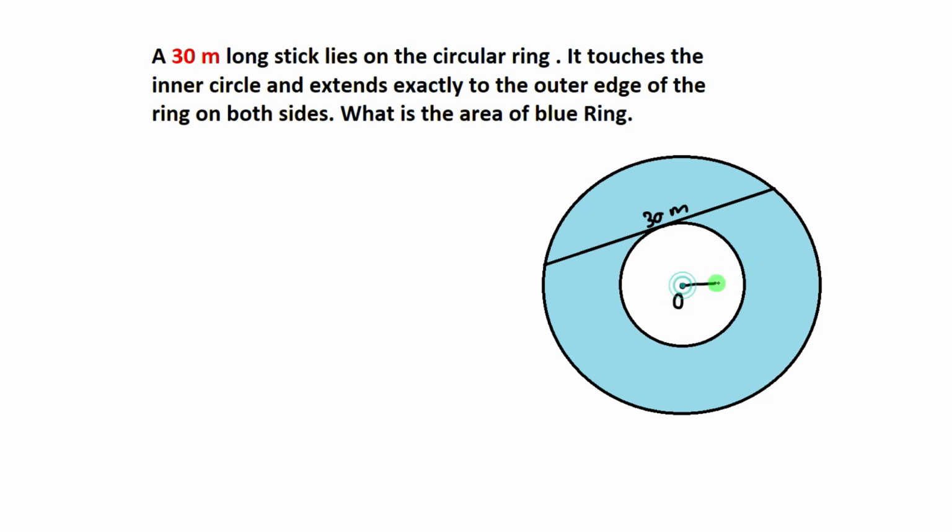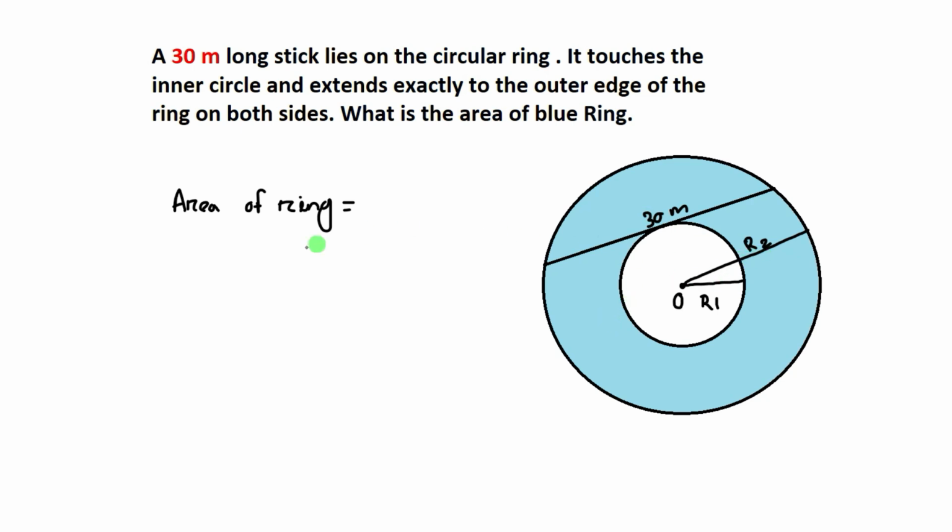Let's assume the smaller circle has radius R1 and the bigger circle has radius R2. The area of the ring can be found by subtracting the area of the inner circle from the bigger circle.